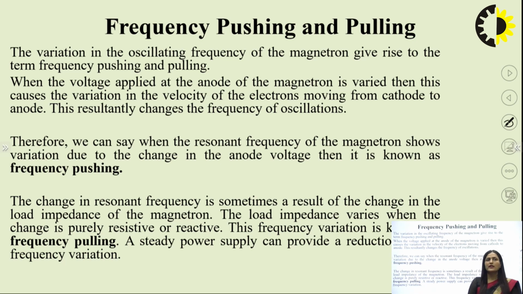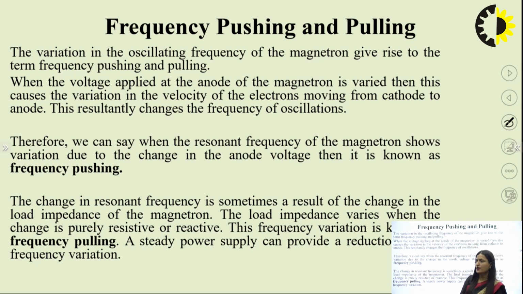So when the voltage applied at the anode of the magnetron is varied, this causes a variation in the velocity of the electron moving from cathode to anode. This resultant change alters the frequency of the oscillation.